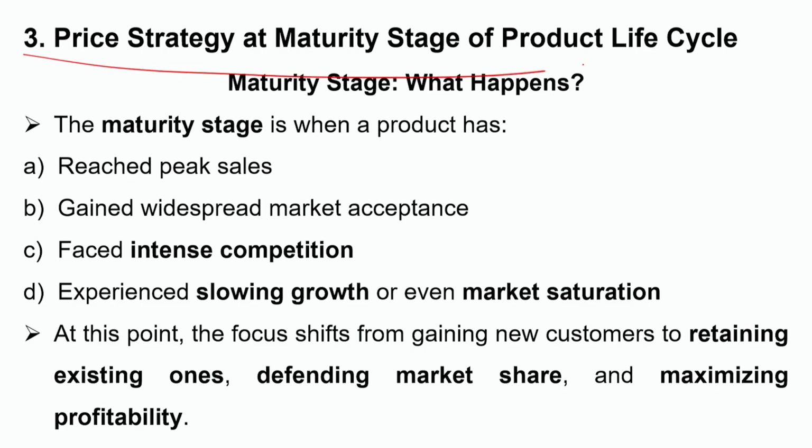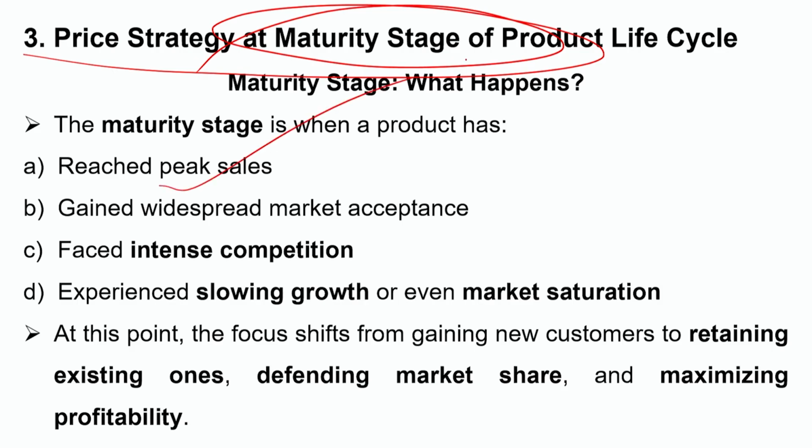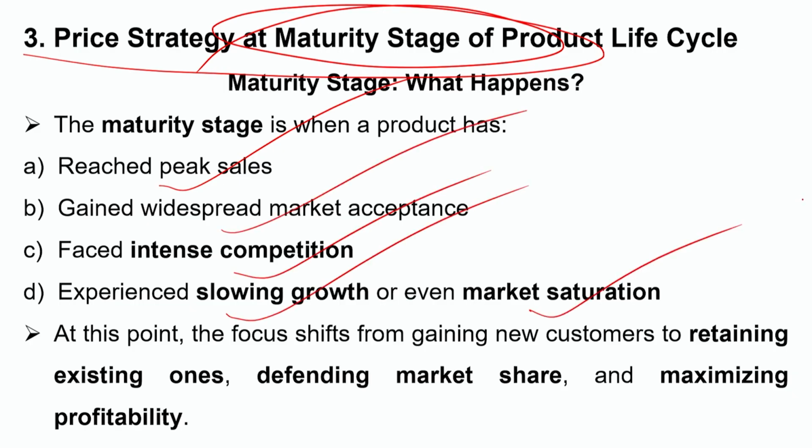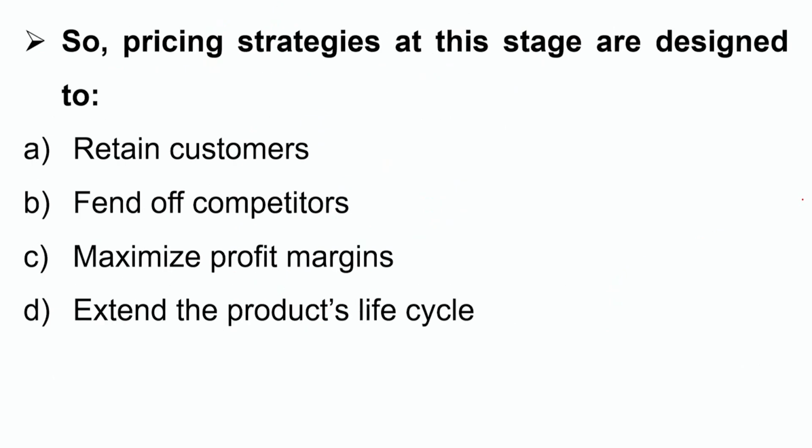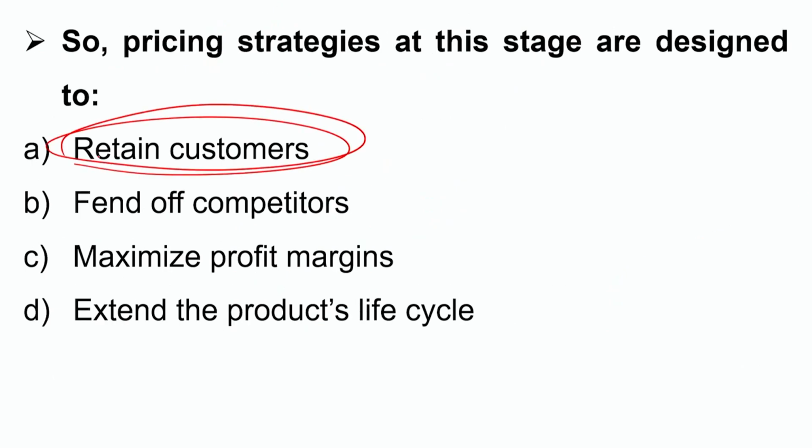The third one is the maturity stage. What pricing strategies should be used at this stage? When your product is at its peak and everything is going very well. Here your product has reached its peak, gained widespread use, faces intense competition, and experiences slow growth and market saturation. So you are going to retain customers, fend off competitors, maximize profit margins, and extend the product life cycle.